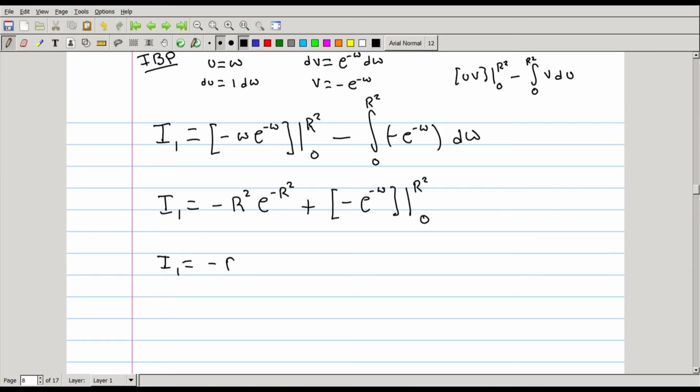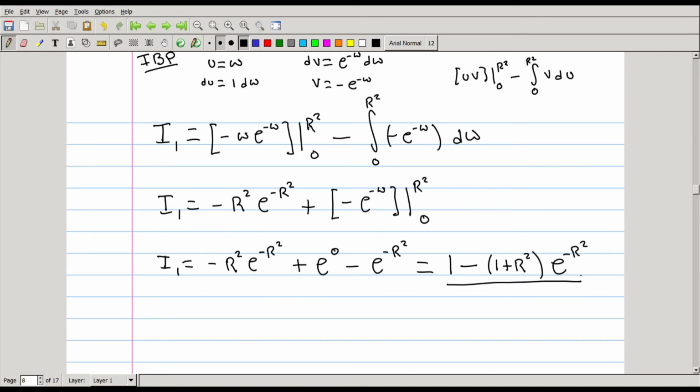This is negative r squared e to the negative r squared, and this will be plus e to the 0 minus e to the negative r squared. Or finally, 1 minus 1 plus r squared times e to the negative r squared.